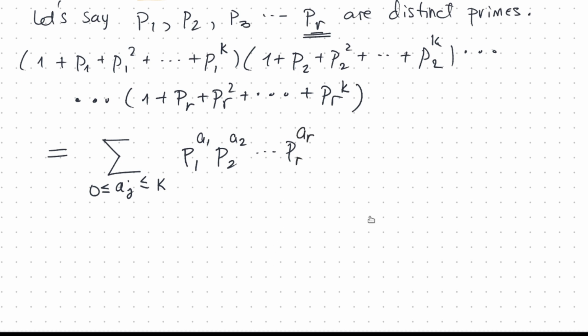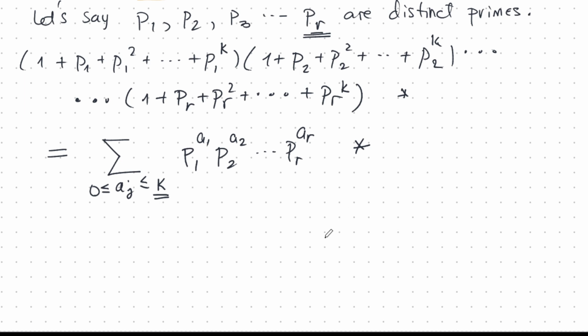Okay, great. So I have every possible number that I can make with these primes up to the power limit of K. So if I want to create this kind of sum, well, I can do it by expanding this kind of product. So this is a genius idea. I think Euler noticed this. He used this many times in proving things in number theory.